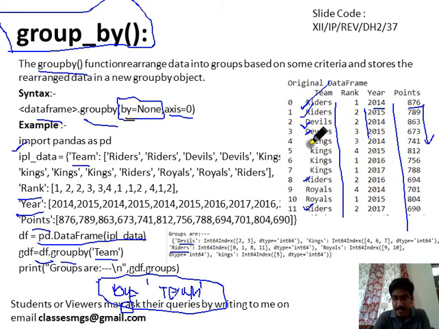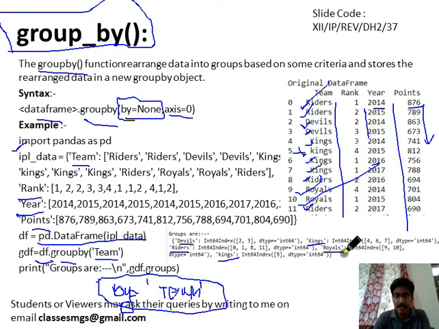It will create kings, kings. This one is a capital K and this one is a small k, that's why 3 values are there. So with the name Kings, one group will be created, with the small k ings, one more group will be created, and with royals another group will be created.